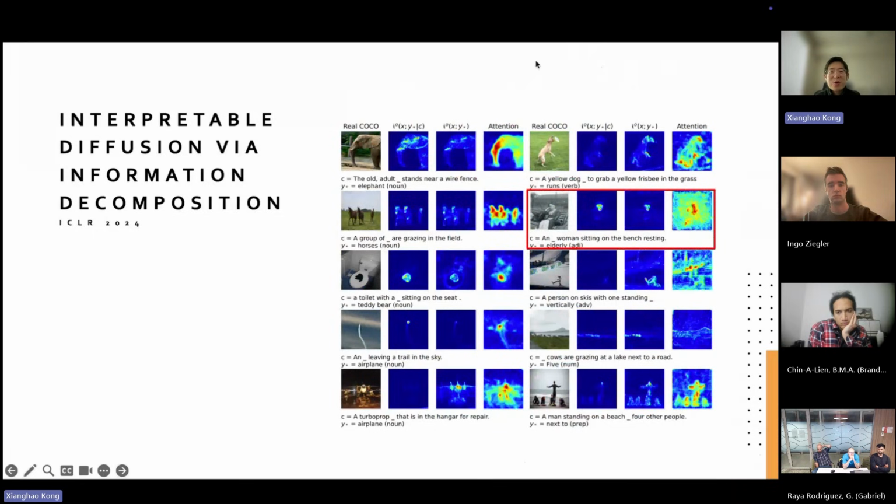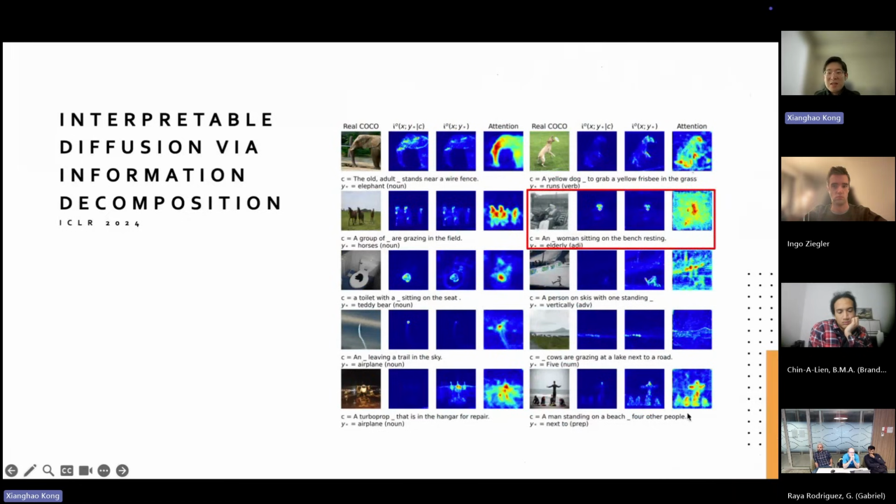And compare with attention scores, right? For the nouns on the left-hand side, the attention score can do it very well. They can identify the elephant, the horse, the teddy bear. But for the abstract words on the right-hand side, they all fail.